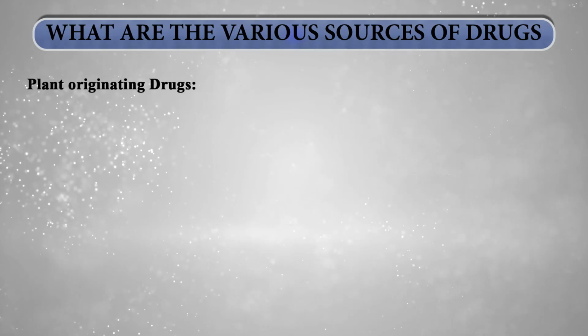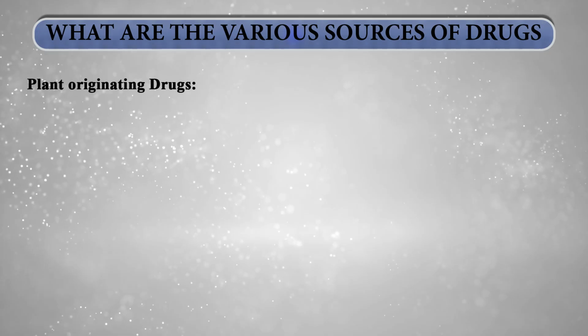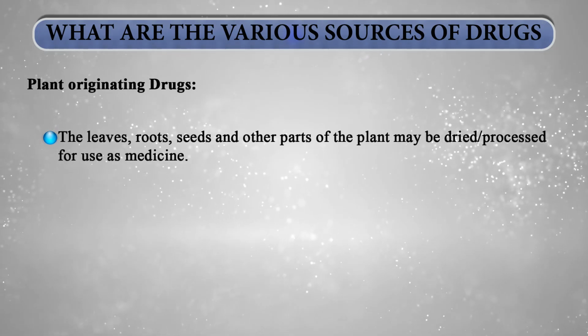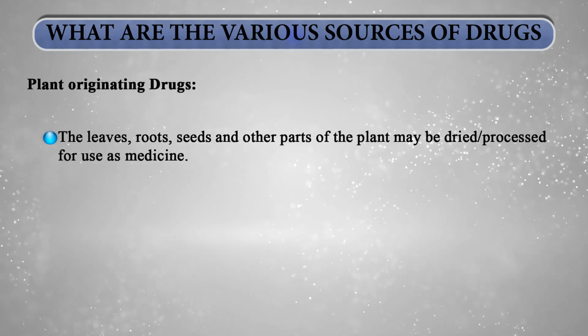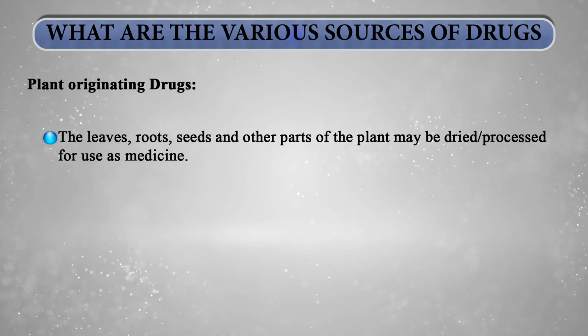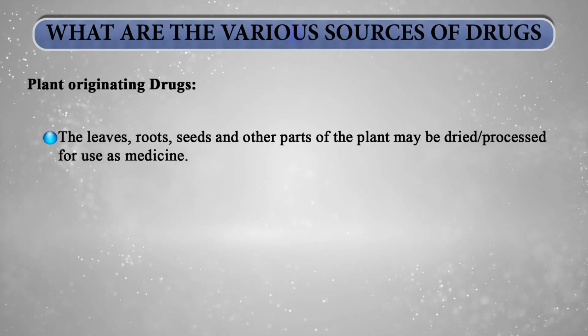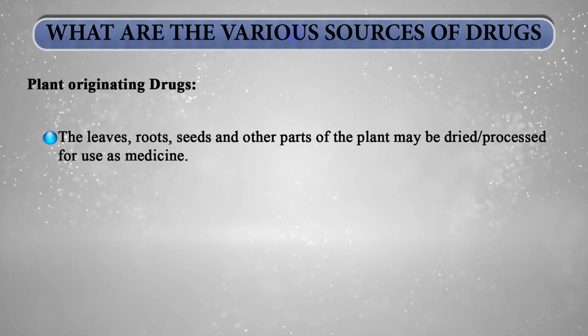Now, let us take one by one. What is a plant originating drug and what are the various examples of these drugs? Plant originating drugs are obtained from the various parts of the plants like leaves, roots, seeds and other parts of the plant.